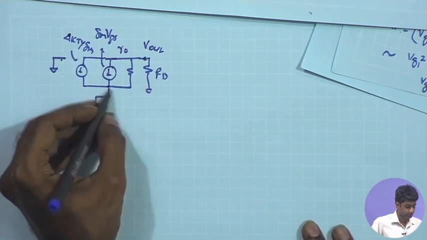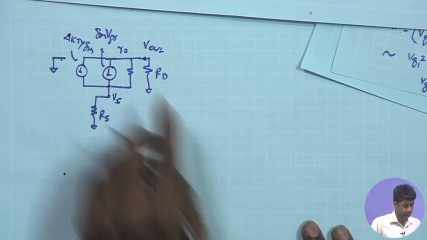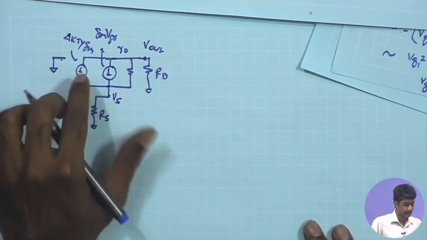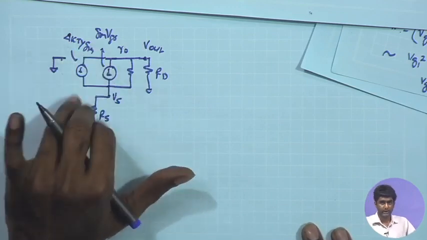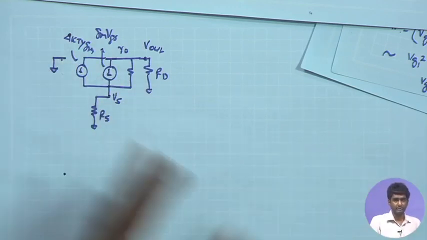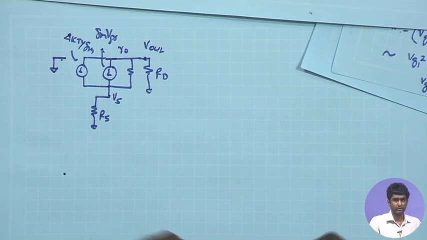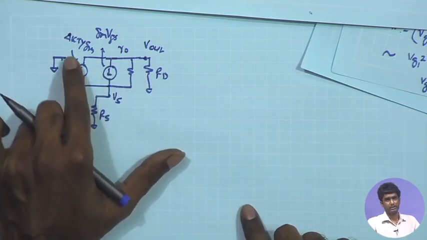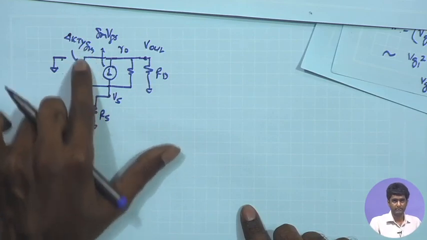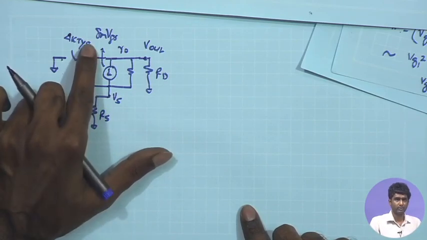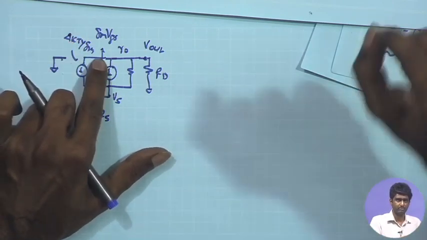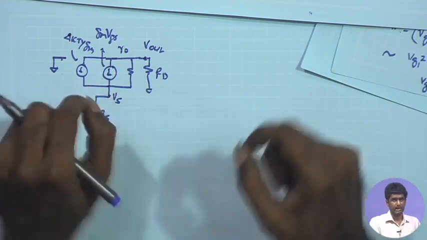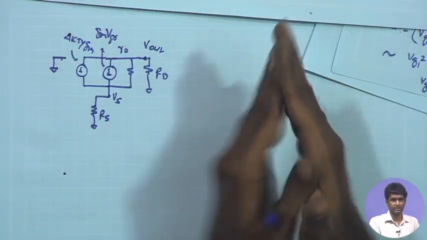Now assume that this is Vs, the unknown voltage, and this is Vd. At a particular instance we can assume that there is some polarity. Of course, overall the noise current is random and has no polarity, but for a particular instance we can say that it is spiking up, and as a result the current is in a certain direction. So let us say the current is in this direction, given by the magnitude 4 kT gamma GM, peak amplitude times some constant, depending on the frequency of integration.